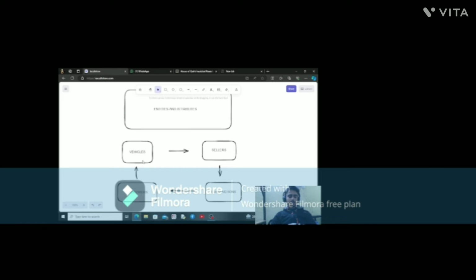Optional attributes are ownership history, so when the customer buys the car, they can also learn the owner's history, and the vehicle's accident history. Service records and modifications done to the vehicle are also included.